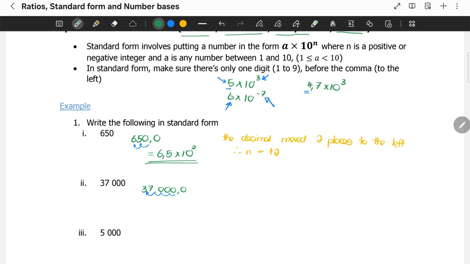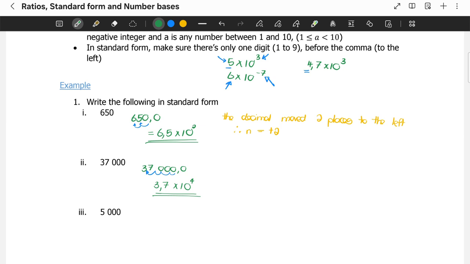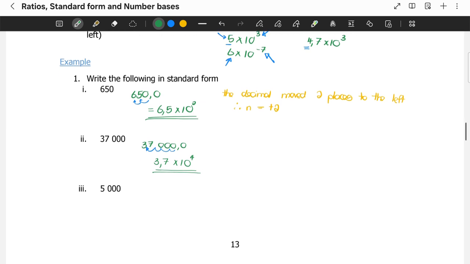So 37,000 in standard form will be 3.7 times 10 to the power 4. Unless it's expressed that you should leave it in 4 significant figures, you just write 3.7 times 10 to the power 4. You don't have to write 3.70000 times 10 to the power 4 unless the significant figures are specified. The zeros after the comma are redundant in this case.